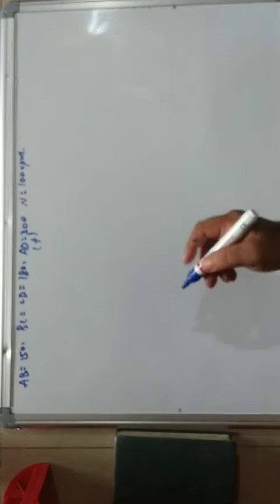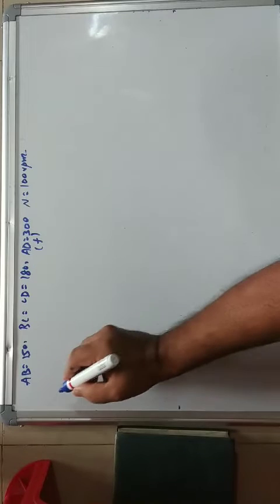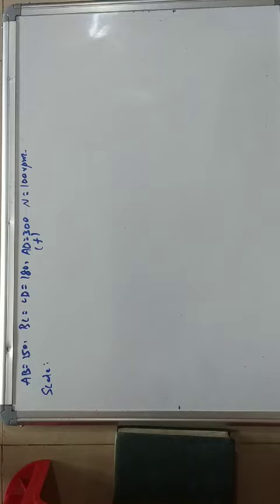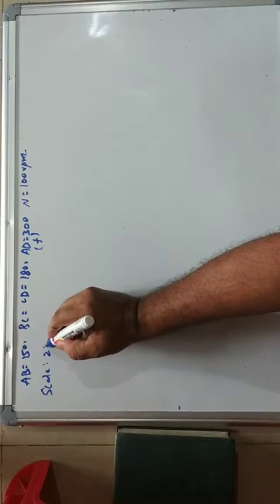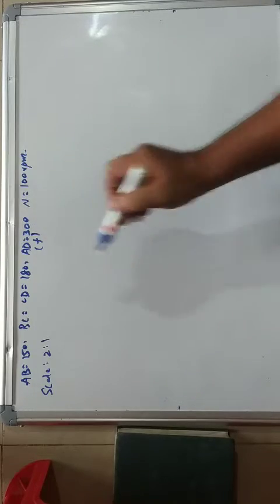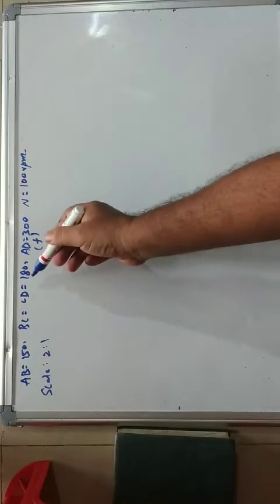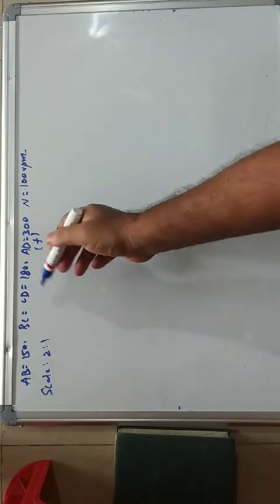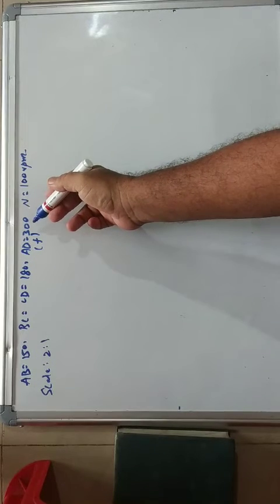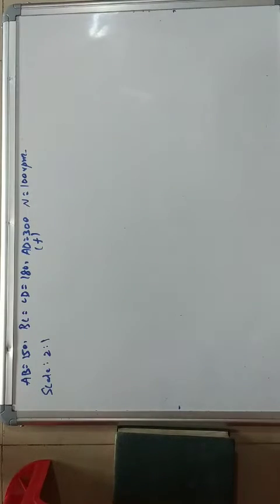Link AD is fixed, it is 300 millimeters, which is 30 centimeters. So you can consider a reduced scale of 2:1. Then naturally AD will be 15 centimeters, this is 9 centimeters, and this is 7.5, something like this.